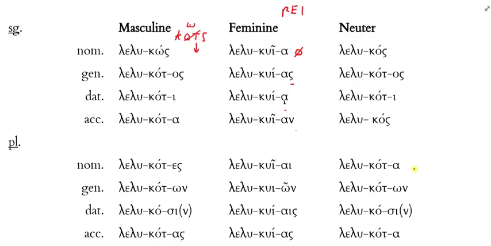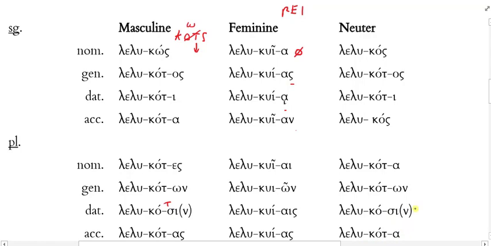Lelukos, lelukotos, lelukoti, lelukota. Lelukotes, lelukoton, lelukosi, which would have been kot-si, right? But the tau before the sigma fell out. And then lelukotas. Feminine forms, lelukuia, lelukuias, lelukuia, lelukuian, lelukuiai, lelukuion, lelukuiais, lelukuias. And neuter forms, lelukos, lelukotos, lelukoti, lelukos, lelukota, lelukoton, lelukosi, lelukota.